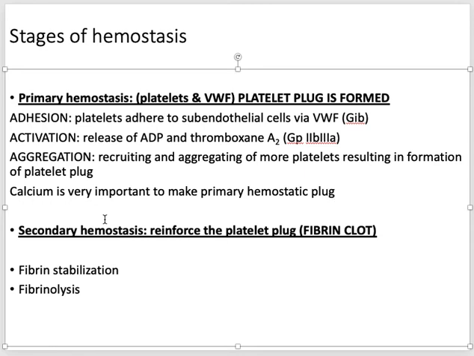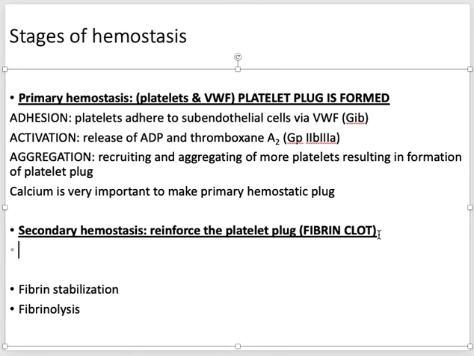Now, secondary hemostasis. The main function is to convert fibrinogen to fibrin, right, to make the clot or that bond stronger.